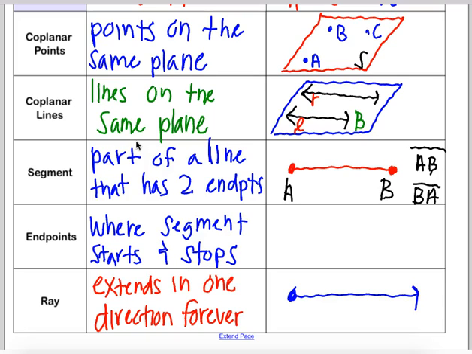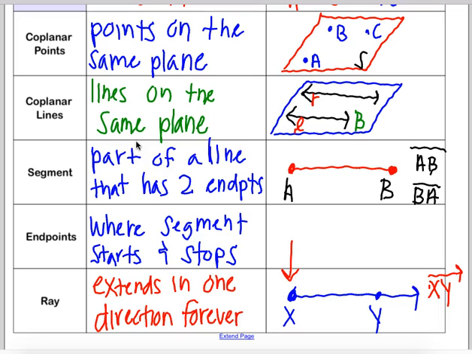So I would call this X, another point Y. So this would be called ray X, Y, and then you always start with the endpoint. So you see how X is where I start. So when I label it, it'd be X, Y, and X has to come first, and the arrow's over Y because that's the direction it's extending in.